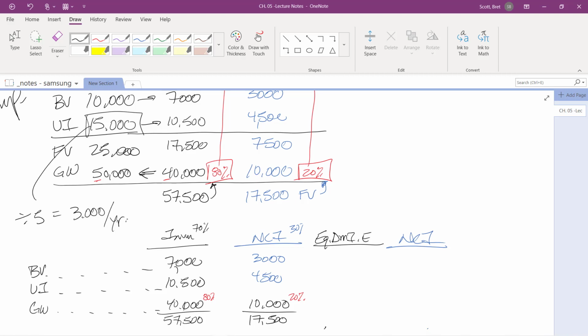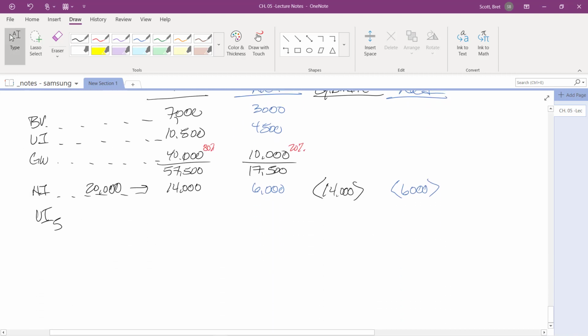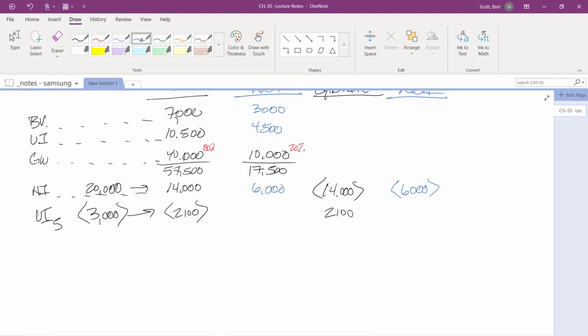The overall life of the 15,000 is 3,000 per year. So there's a 3,000 per year amortization of the UI, and my portion of that is 70%. So 2,100, debit 2,100. NCI's portion of that amortization is 900, debit 900.